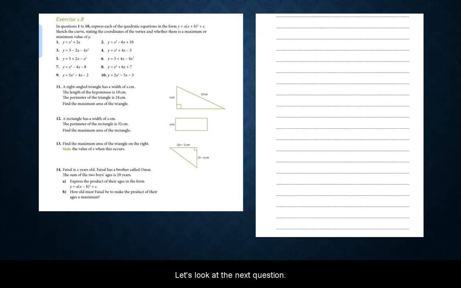Let's look at the next question. These exercises, try to attempt them and check the answers in the link below. You can as well send a private message if any of the exercises seem difficult, and I will be available to give you the step-by-step method.